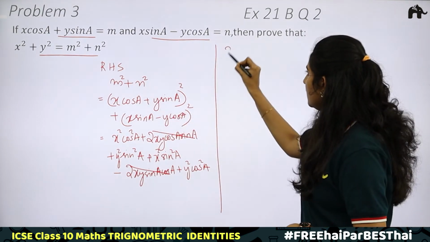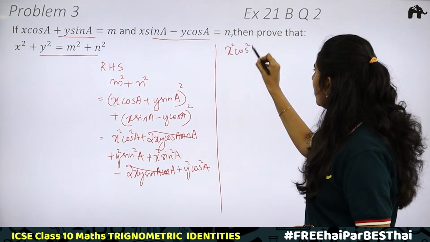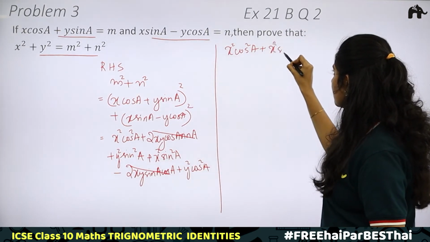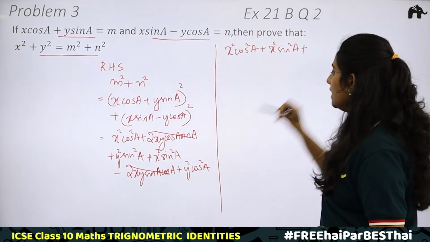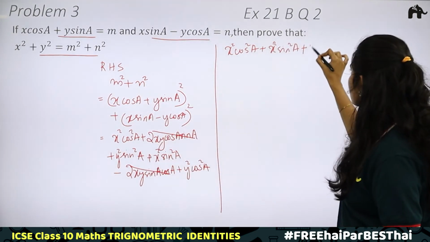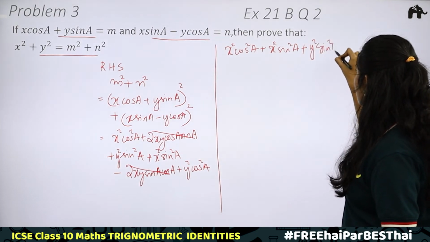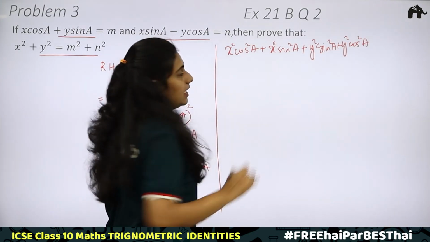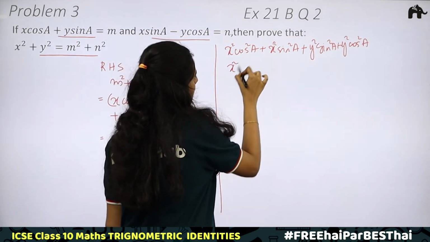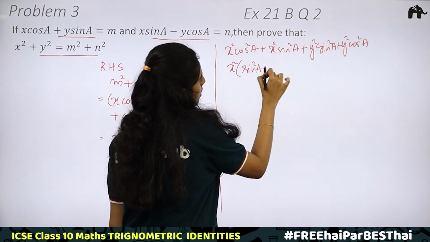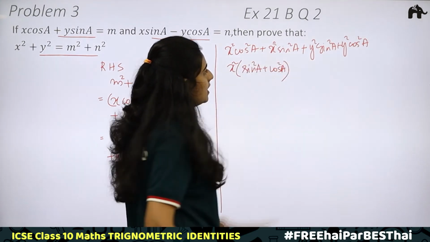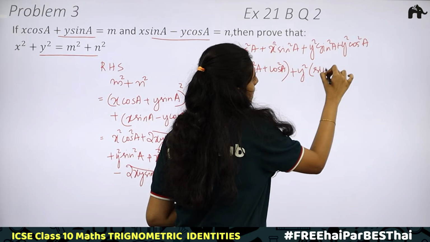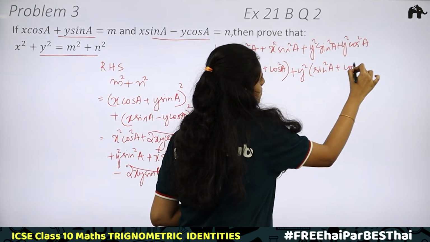Now x square containing terms: x square cos square a plus x square sin square a. Similarly, y containing terms: y square sin square a plus y square cos square a. From this we can take x square out: x square into (sin square a + cos square a). Similarly, from here we can take y square out: plus y square into (sin square a + cos square a).